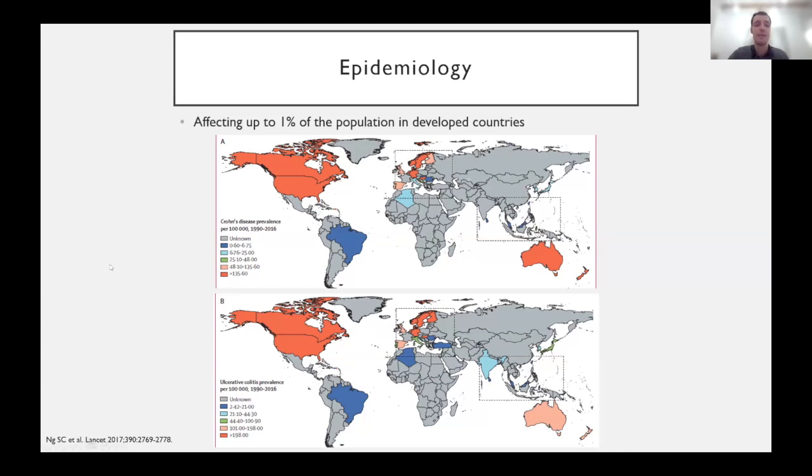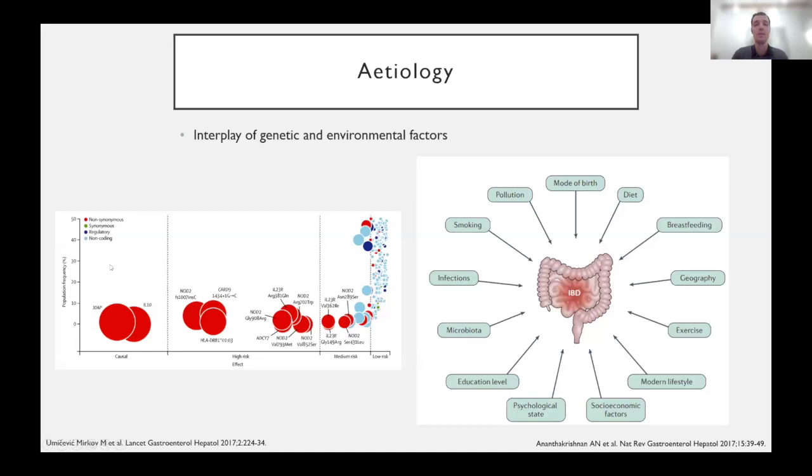As with many, if not all, immune-mediated diseases, inflammatory bowel diseases are the consequence of a complex interplay of genetic and environmental factors. By way of illustration, you can observe some of the genetic factors in the panel on the left-hand side of the slide.